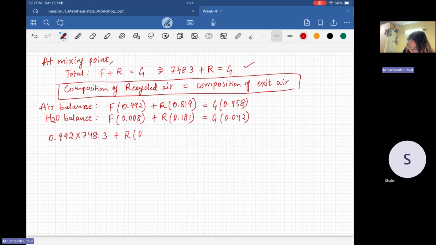R we don't know. We have to solve for R. 0.958. So let's solve for R.